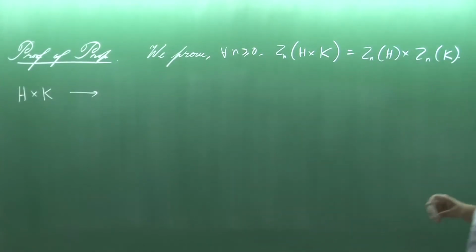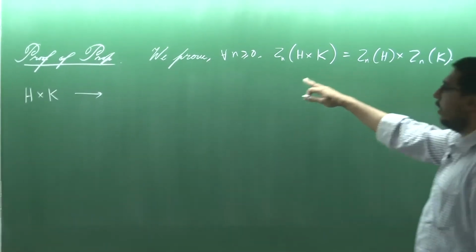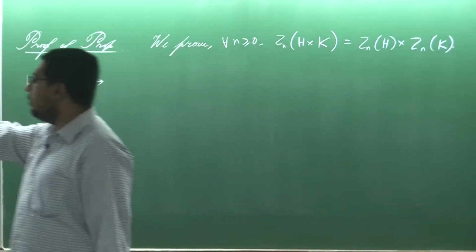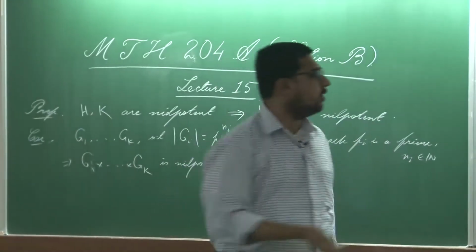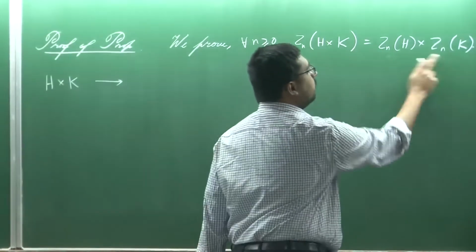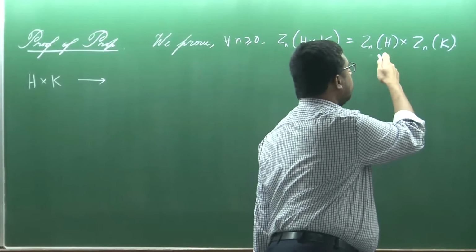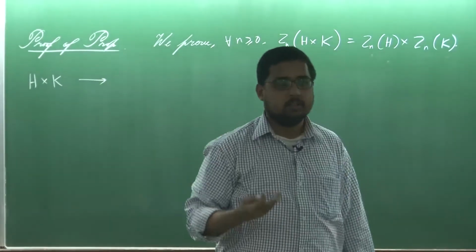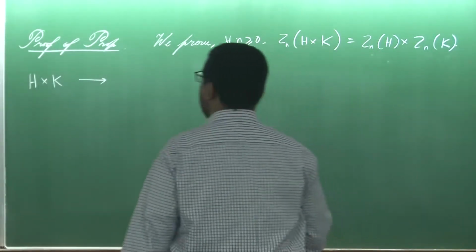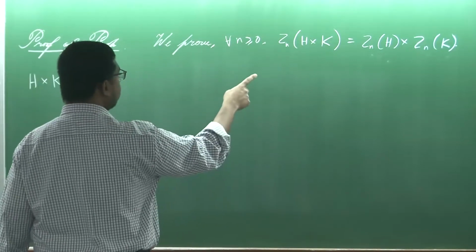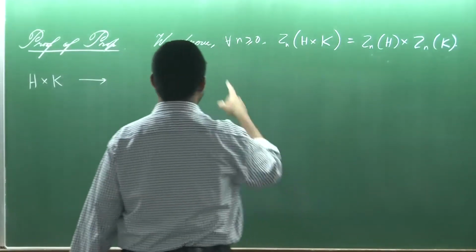Okay. So if we can show this, then the nilpotence of H cross K will be immediate, because for sufficiently large n, this one will be H and this one will be K. So we are done. So we would like to show this, and how do we show it?